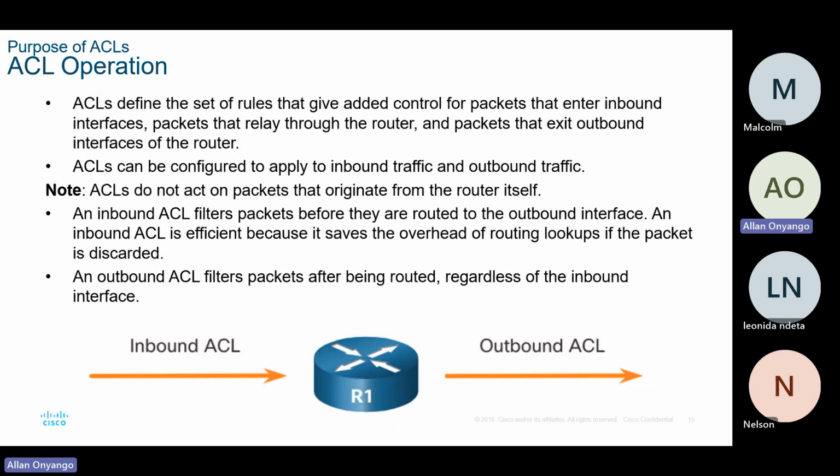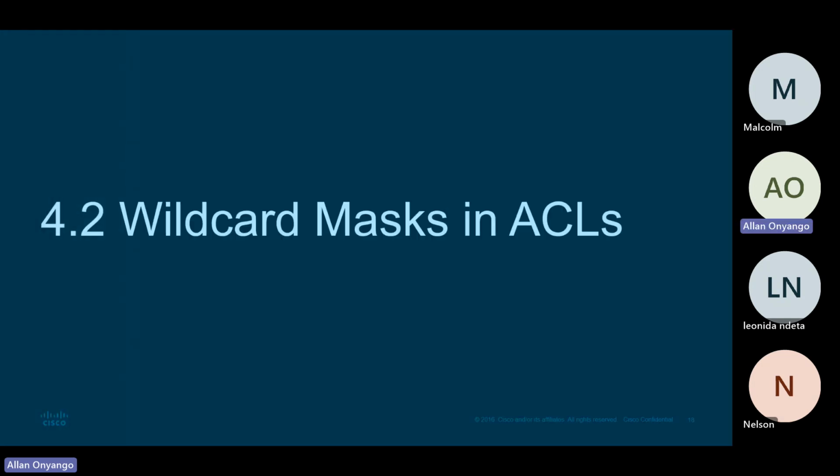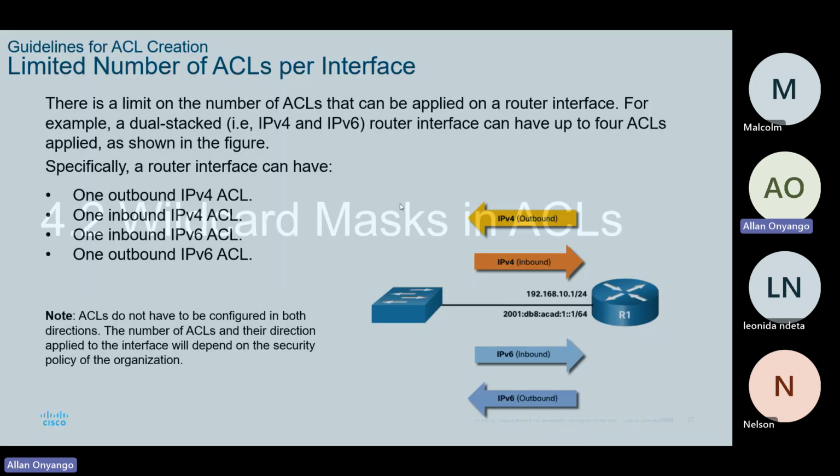So inbound, outbound, important just to note that. Now, before I talk about how traffic comes in, knowing how many ACLs could be configured within a router, I would like to talk about wildcard mask, but very briefly.